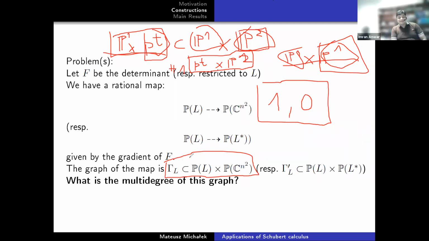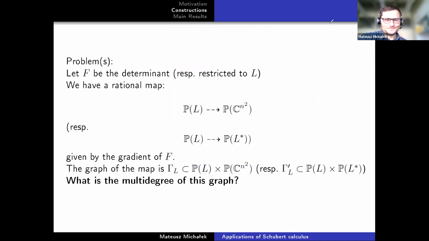There is an analog of the Hilbert polynomial that would tell you what those coefficients are, which I somehow don't mention and maybe slightly hide under the rug here. Okay, so I claim all of those problems are about this multi-degree.